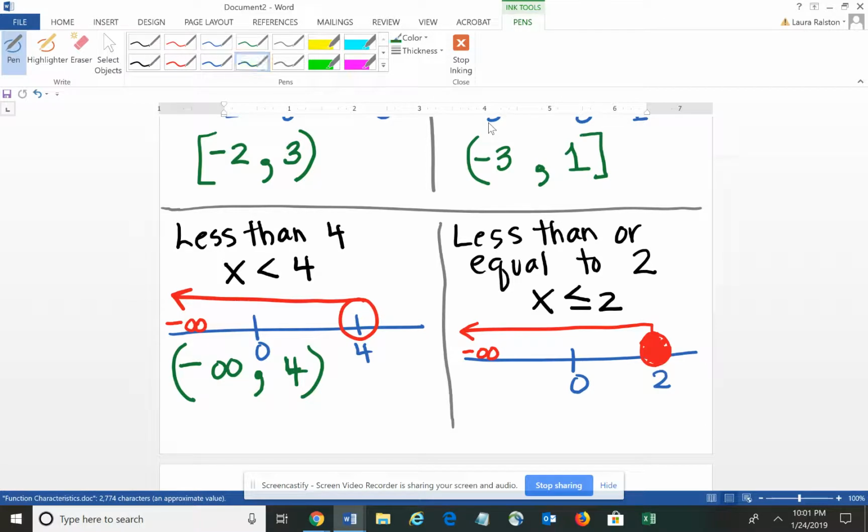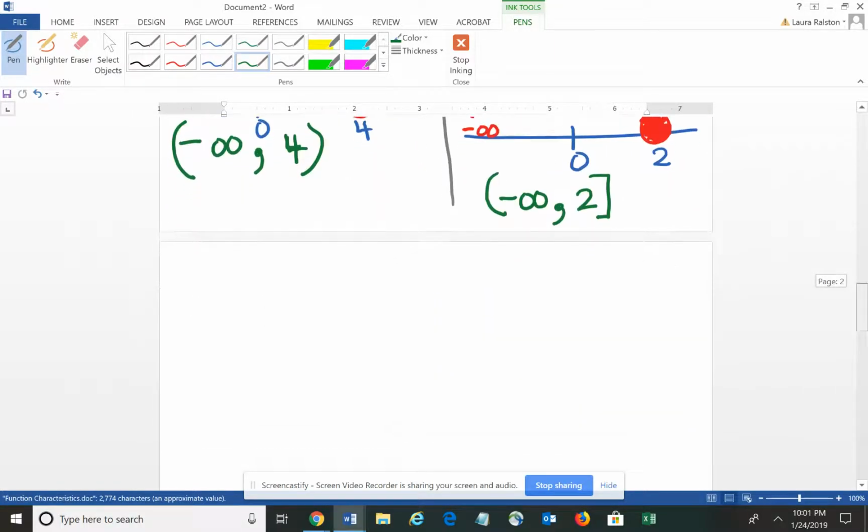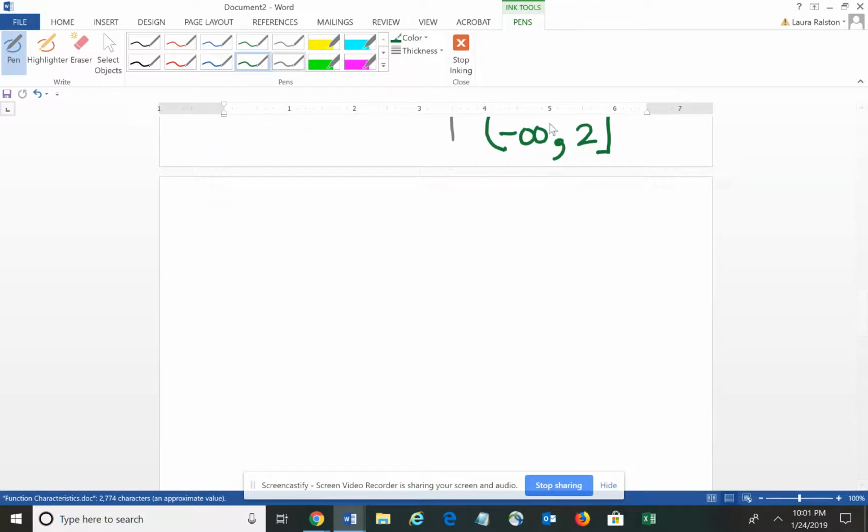So again, when you write your interval, be careful because we work left to right. Okay, so we would start at negative infinity, go up to positive 2. Positive 2 can be used, so we use a bracket, but negative infinity gets a parenthesis. Infinity or negative infinity always and forever gets a parenthesis.